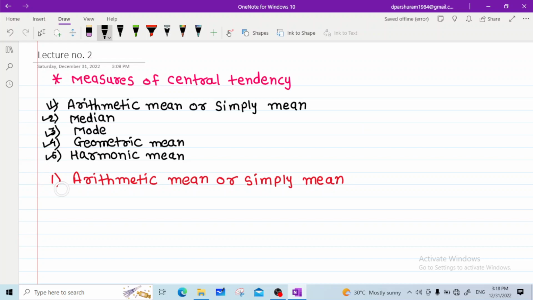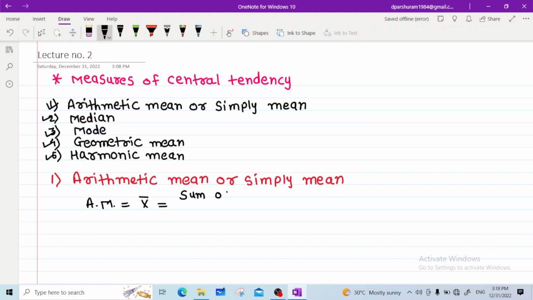Now we are studying about arithmetic mean or simply mean. Arithmetic mean is A.M. is the short form of arithmetic mean, and this arithmetic mean is denoted by x bar and is given by the formula sum of observations.